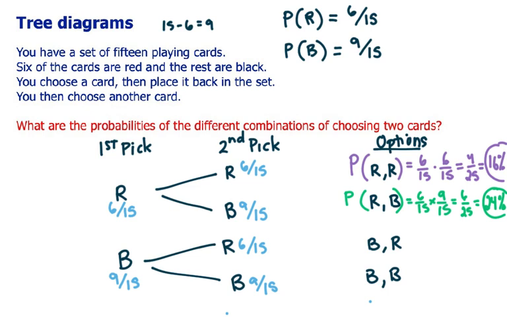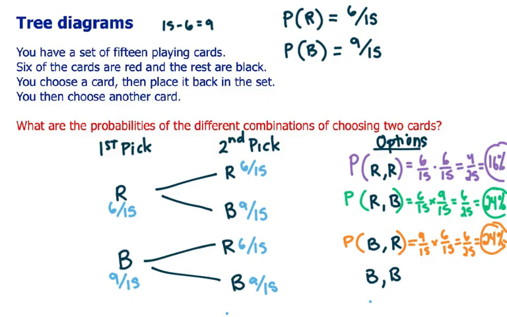Let's look at this third outcome, black followed by a red. The probability of black was 9 out of 15, and then the red was 6 out of 15. When we multiply that straight across, we also get 6 out of 25, which is 24% probability.